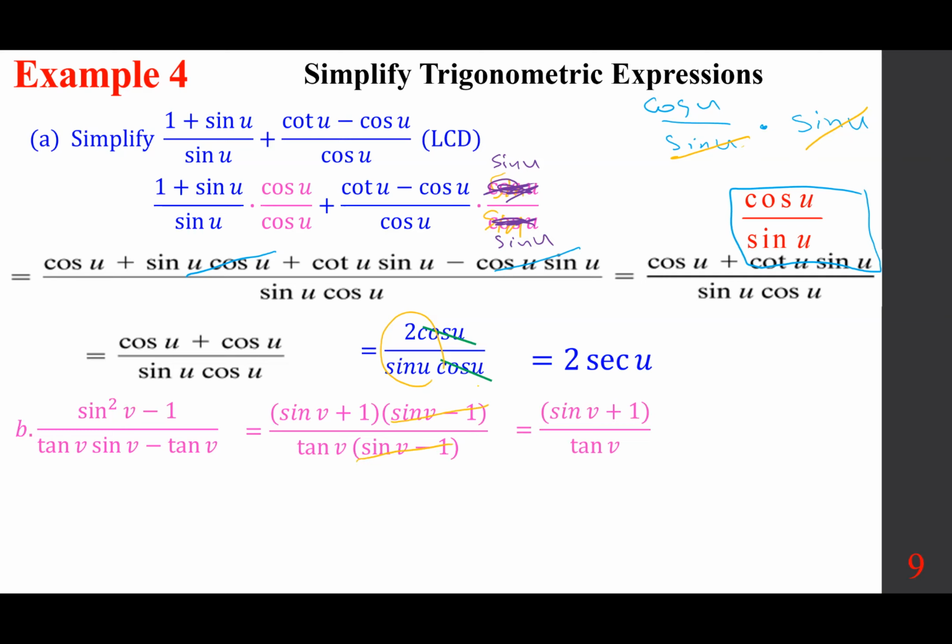We make up 2 fractions. And in the first fraction, we replace the tangent with sine over cosine.